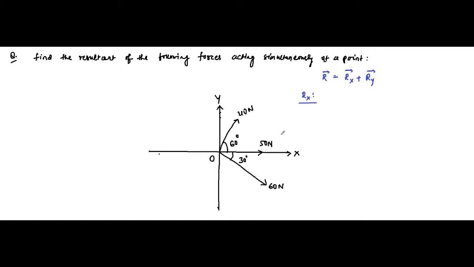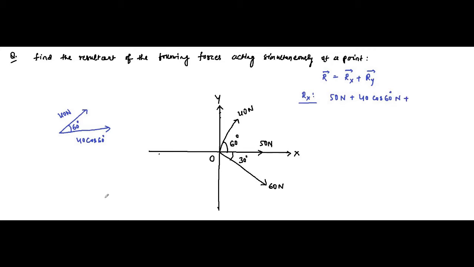The first component, which is directed along the x-axis directly, is 50 Newton. Then we have this 40 Newton force. We have to find its x component, which is equal to 40 cos 60 degrees, this much Newton.